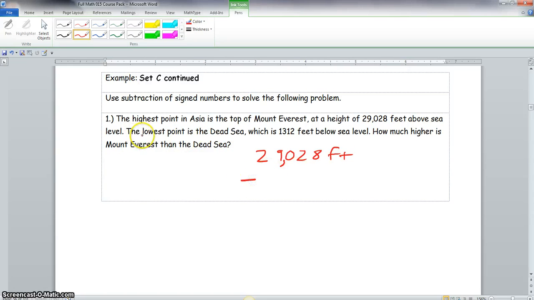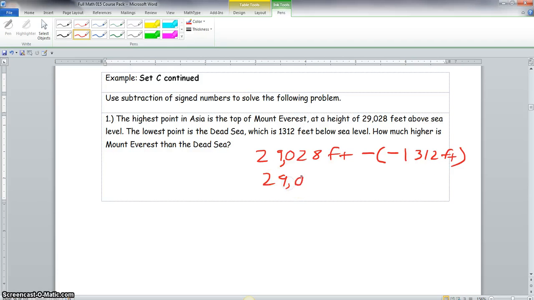Minus, now we are to subtract, the lowest point is the Dead Sea, which is 1,312 feet below sea level. So it'd be minus a negative 1,312 feet. Because remember, this is below sea level.